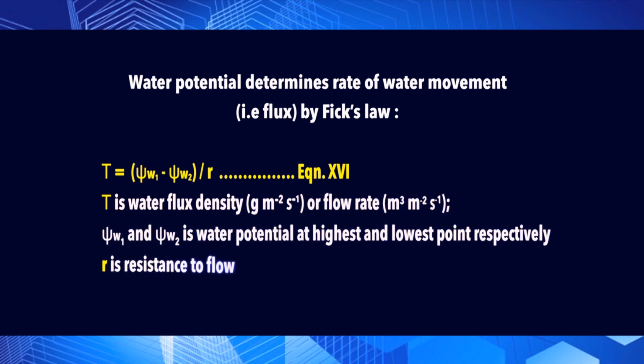Tau is equal to psi W1 minus psi W2 whole divided by R, where tau is the water flux density, that is given as grams per meter square per second, or flow rate, that is meter cube per meter square per second, where psi W1 and psi W2 is the water potential at highest and lowest point respectively, and R is the resistance to flow.